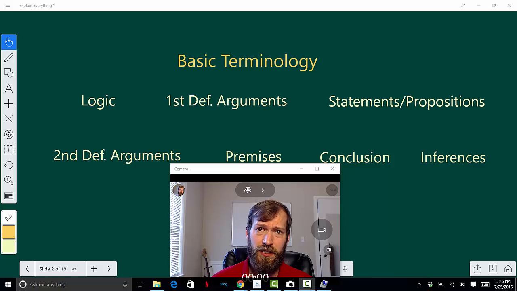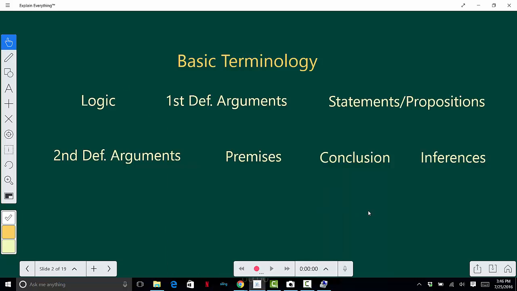That's going to allow us to give a rough definition of arguments in the sense that we're concerned with. We'll then talk about statements, propositions, and eventually get into a position where we can give a more refined definition of arguments, and the premises, conclusions, and inferences, which are all involved in an argument. So we're going to continue to that.